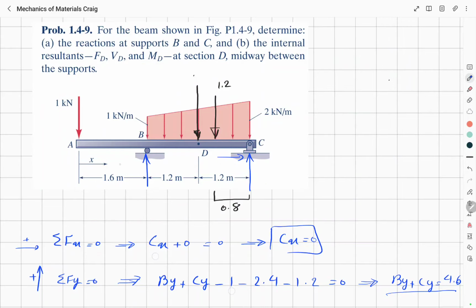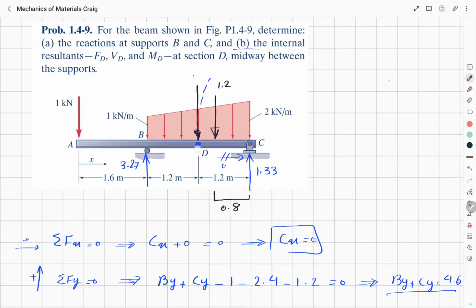So this is 3.27, this is 0, this is 1.33. And now in part B of the question, it's asking for the internal forces at this point.